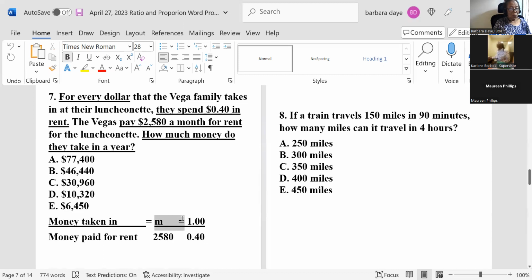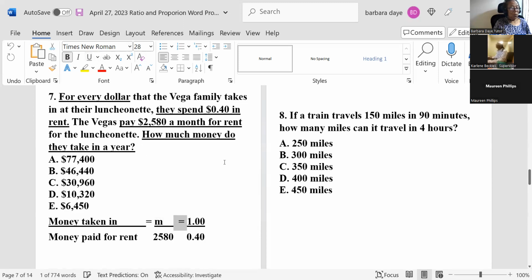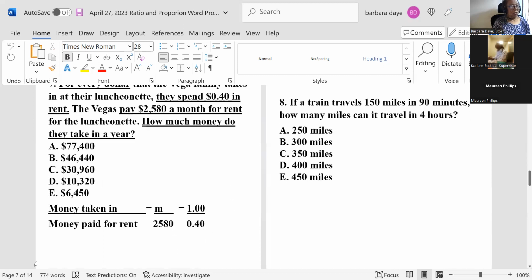The M would be 100 times 2580 divided by 0.4. So you get the money that they took in, and that's for a month because that's 2,580 a month.